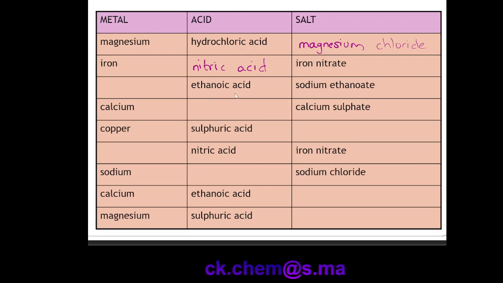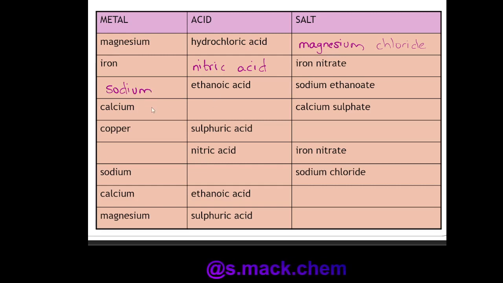In question 3, we have sodium ethanoate being formed. The ethanoate is derived from ethanoic acid. We see the metal in the name of the salt, and this is the answer.